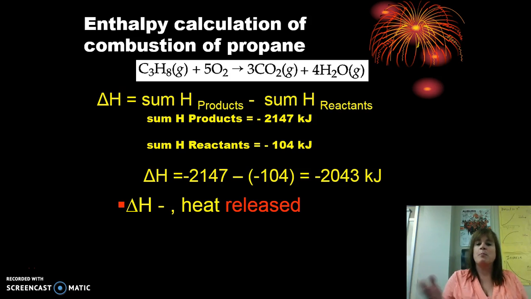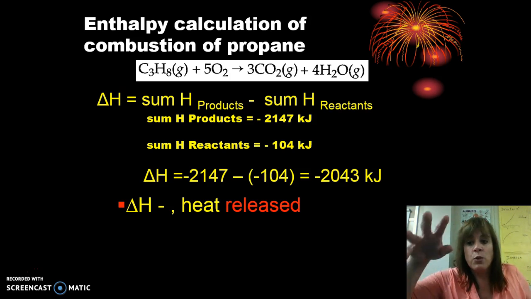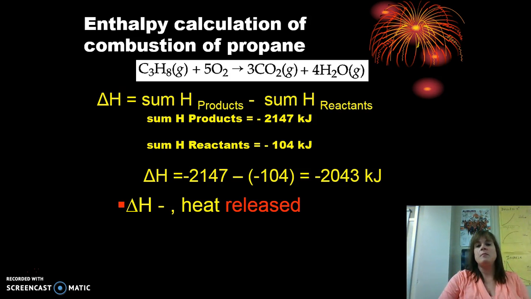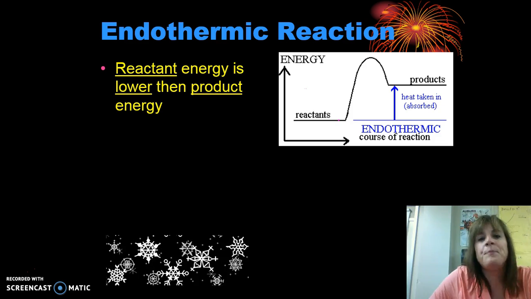When I subtract them, products minus reactants, when you subtract a negative, remember it becomes a positive, I get a negative 2,043 kilojoules. Because this number is negative, it means that heat is released. So when you see a delta H value that's negative, think exothermic reaction. I'm getting rid of heat. So burning of propane releases heat. Now that's good, right? Or we wouldn't be able to cook our steaks with it.